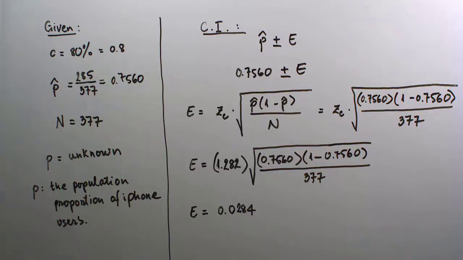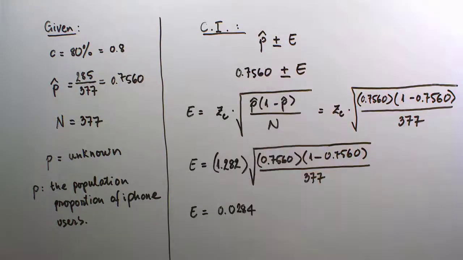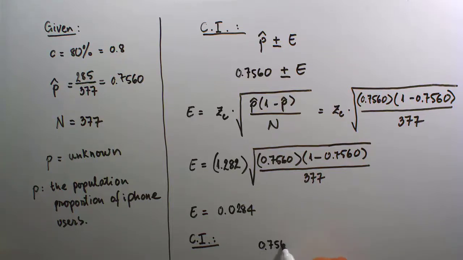So that now means back to our ultimate goal of finding the confidence interval. Our final confidence interval is going to be as following. From where our sample proportion is, being 0.7560, the actual proportion of iPhone users, the value of the population proportion of iPhone users, is anywhere from this sample proportion 0.7560 up and down by another additional 0.0284.